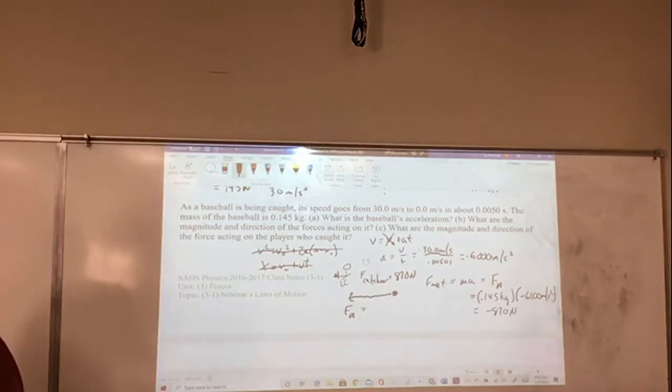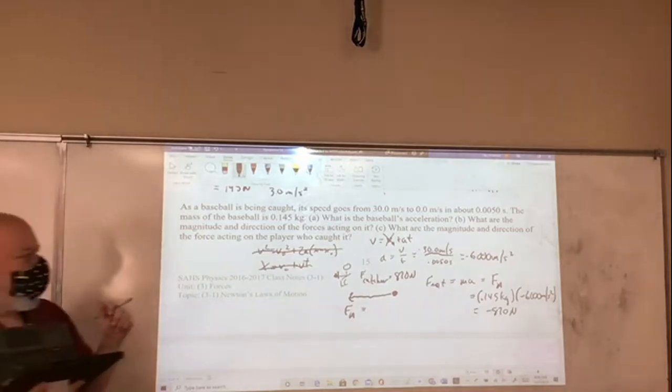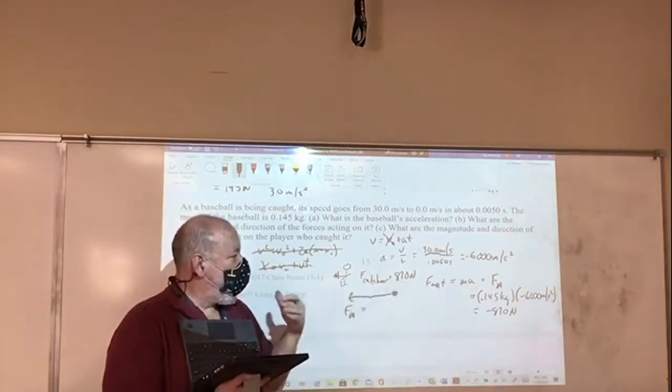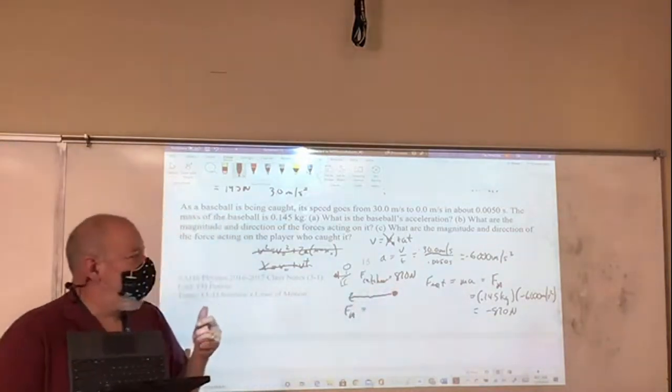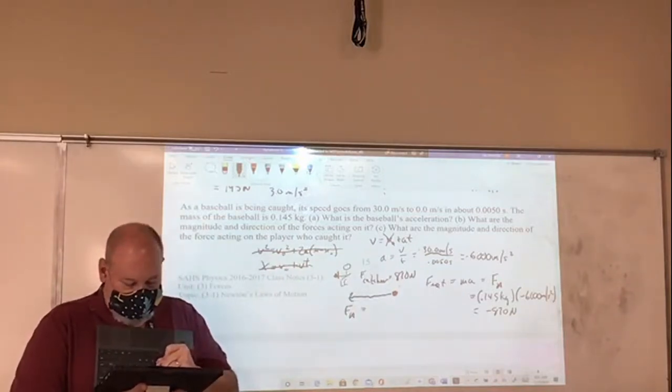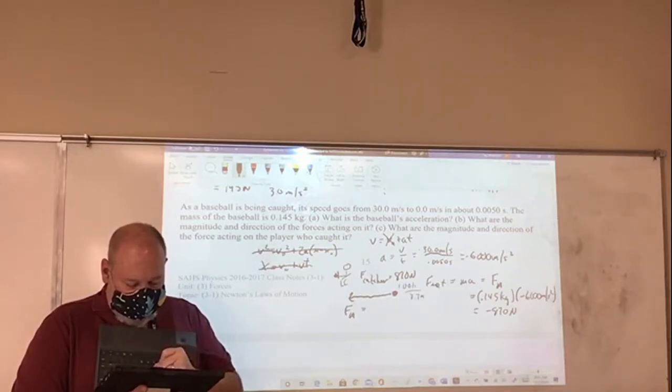If he was standing on frictionless ice when he caught the baseball, would the baseball have accelerated him? Yes. Yes, it would have. And if that 870 newtons had been accelerating a 100 kilogram person, it would have accelerated them at 8.7 meters per second squared.